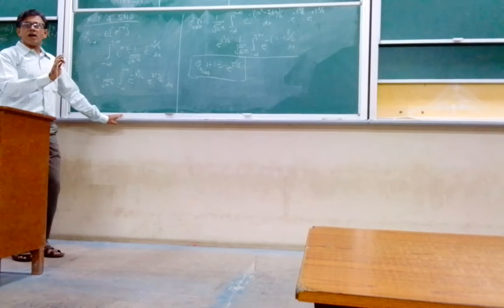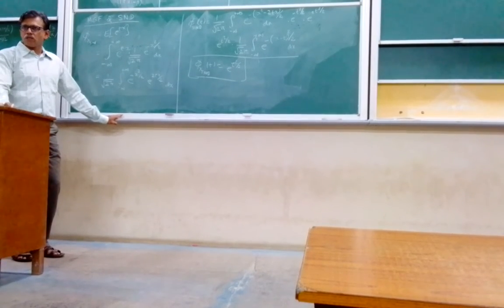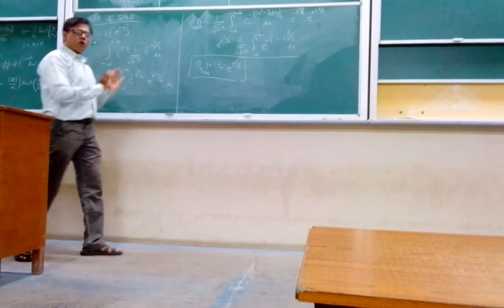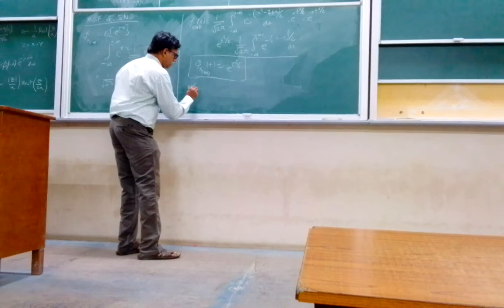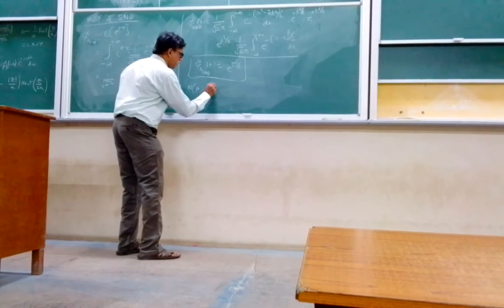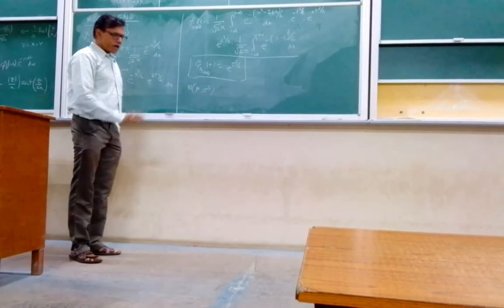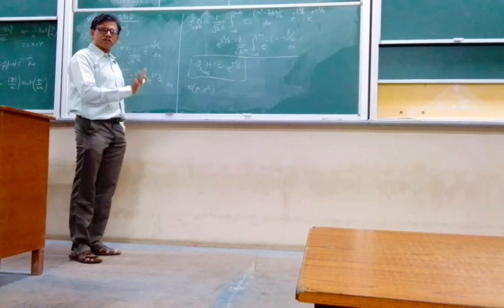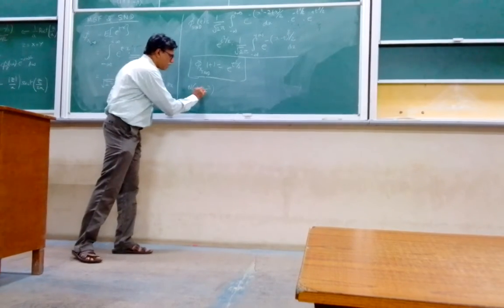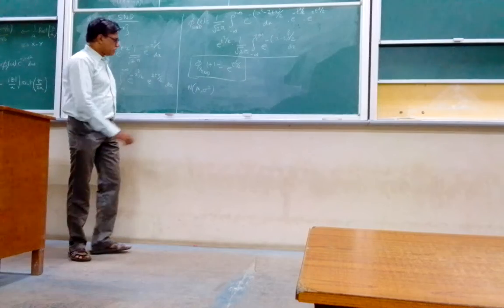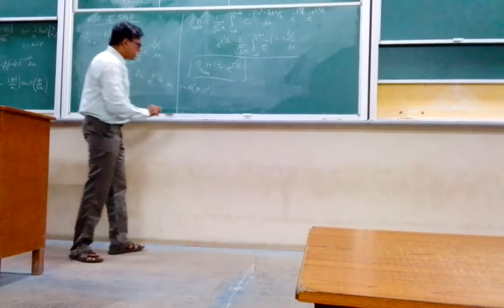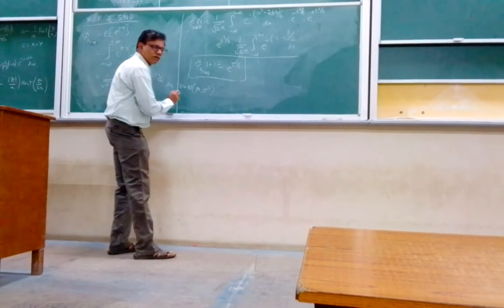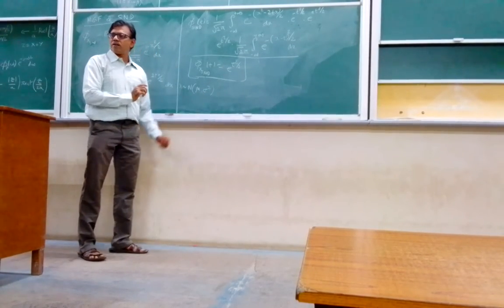But we want it for an arbitrary Gaussian with some mean, some variance. So how do we get it? We know that if we have N(mu, sigma squared), an arbitrary Gaussian distribution with mean mu and variance sigma squared, we will call this x. Then if you put a transformation, we can convert it into standard normal.